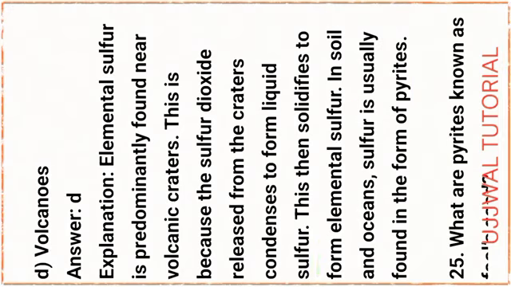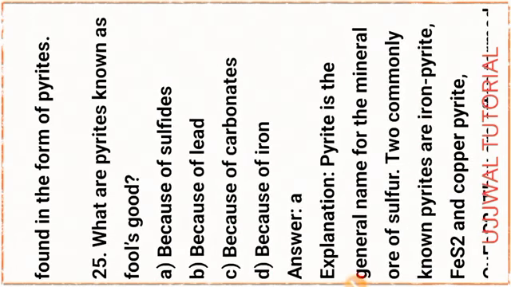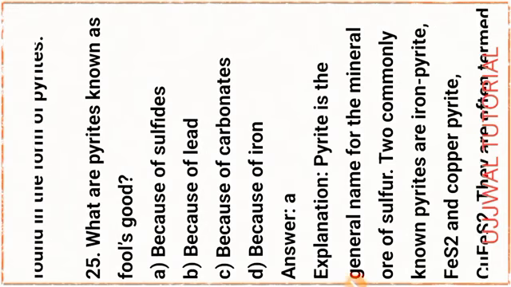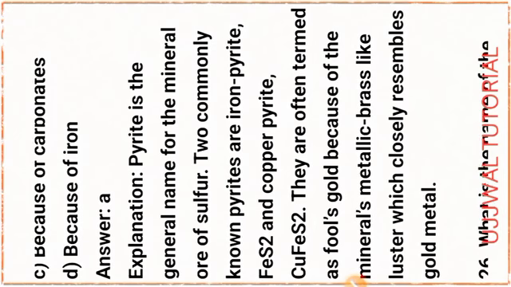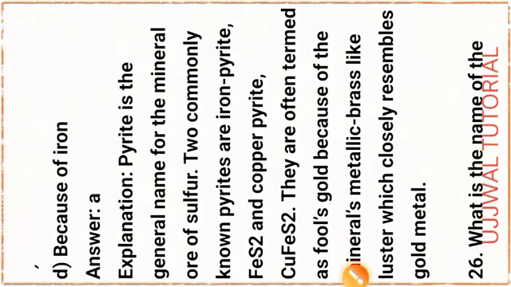Next, question number 25. What are pyrites known as? False gold. Option A, sulfides. To explain this part, pyrite is the general name for the mineral ores of sulfur.